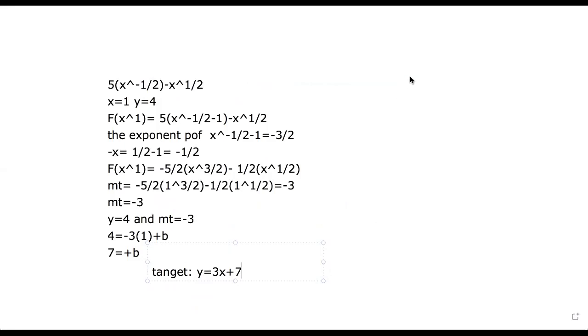Now we know MT. We know the equation of the tangent. We know everything. Finding the normal is a bit simpler because we know everything except for the MN. The slope of the normal is the reciprocal of the slope of the tangent with the opposite sign. So if the MT was -3, the MN equals 1/3.